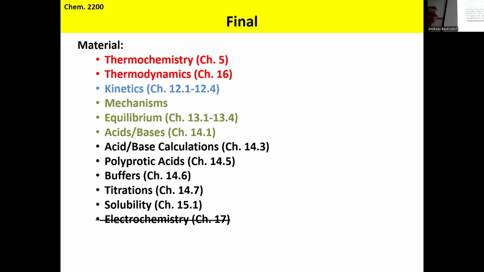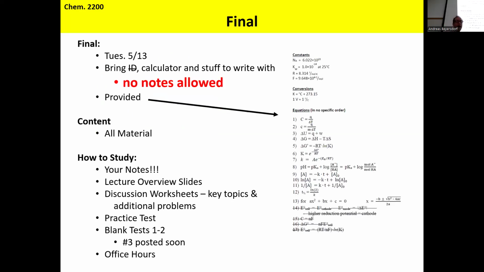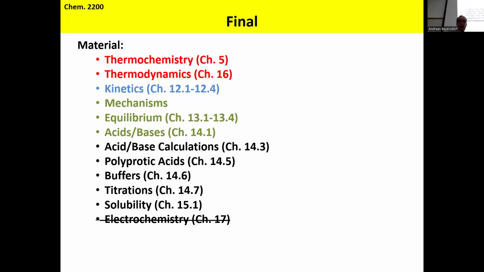I'll just give you an idea of it. But electrochemistry is really important. Why? What other word starts with ELECTR? Electrons, electricity, right? This is how we get electricity. So this is pretty important, but we'll talk about it. All right, questions on the final? All right, let's move on.